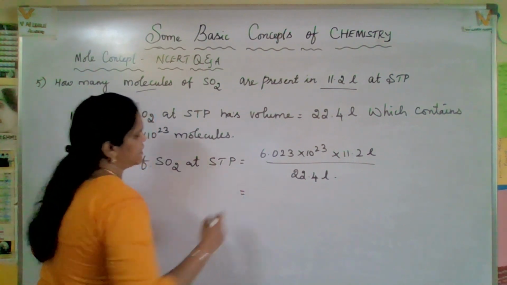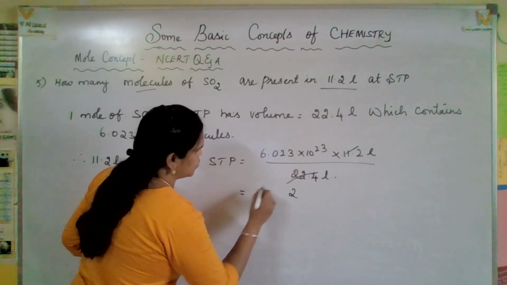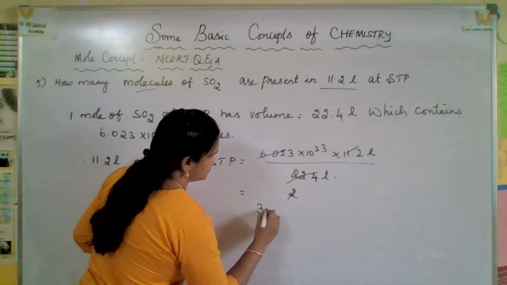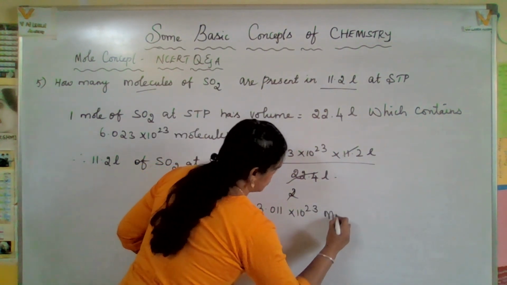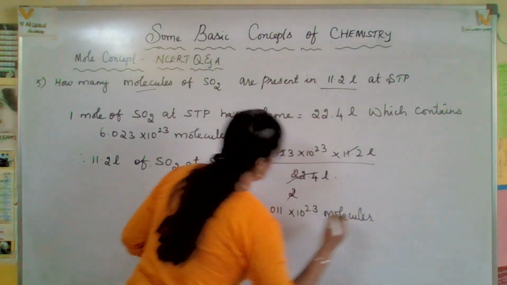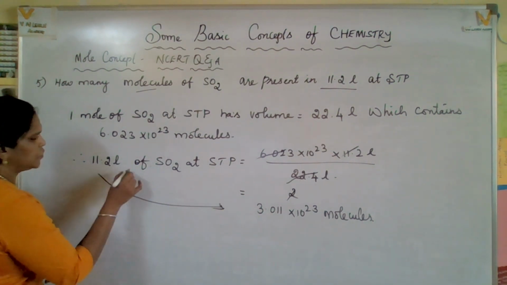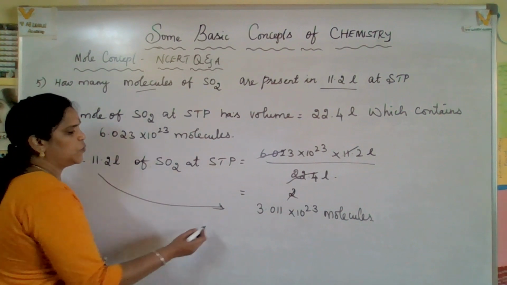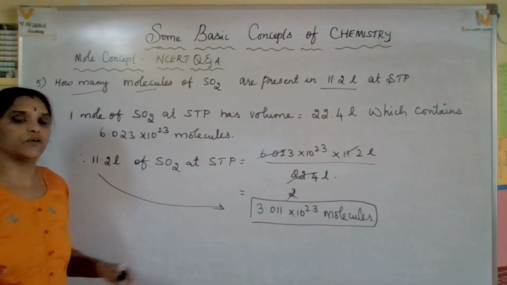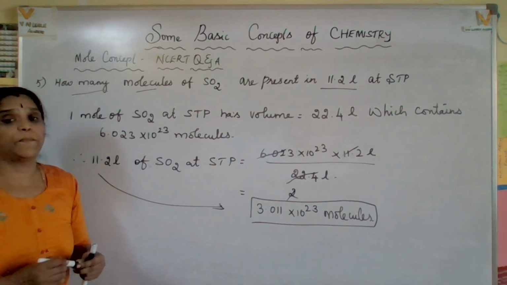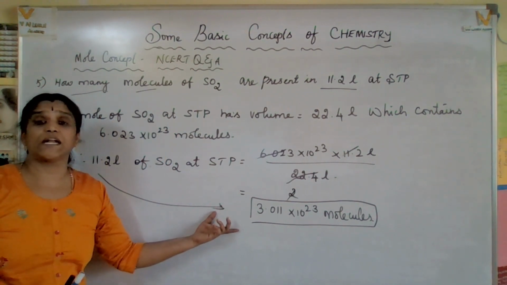When you cancel this, you will get 3.011 into 10 to the power of 23 molecules. So 11.2 liter of SO2 at STP has this many molecules present. Hope you're clear with this question. Come on, let us go and solve some other important and interesting question.